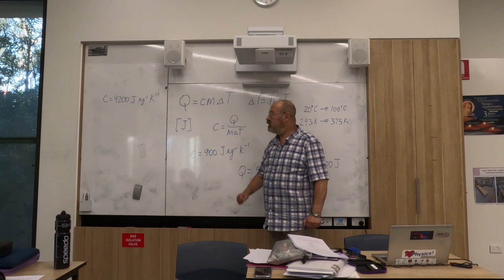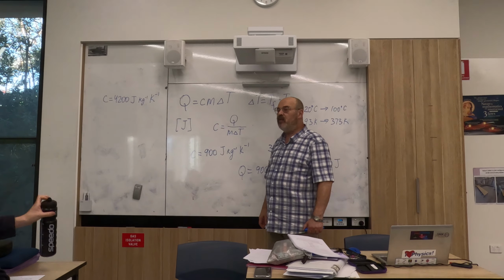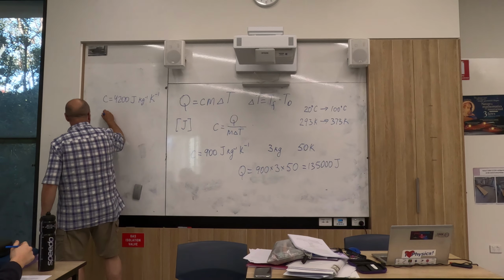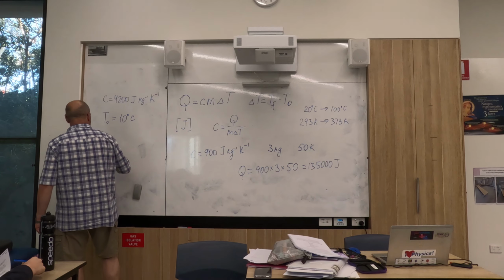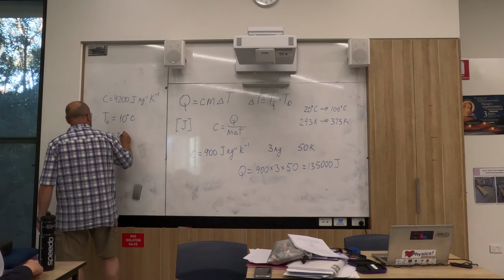Now, so this is a specific heat capacity of water, round. And the question is, we take water at initial temperature 10 degrees Celsius. And we take, let's say, 2 kilograms of water.